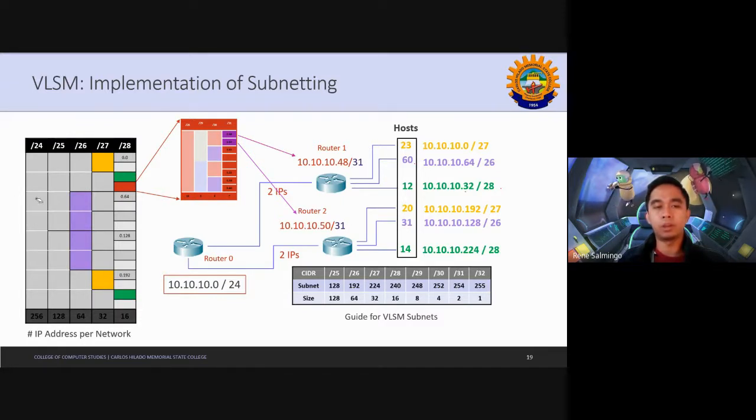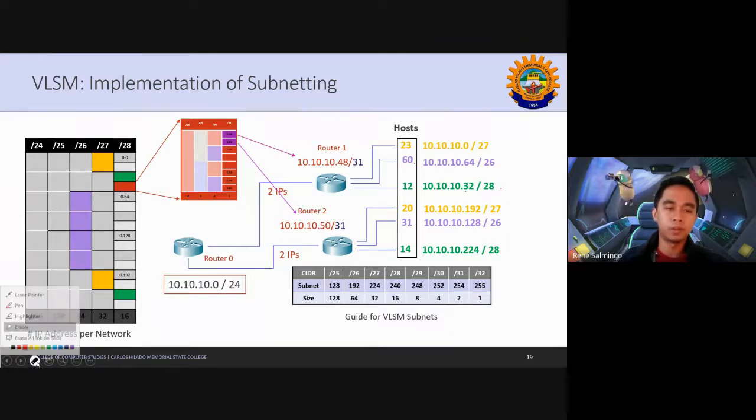Because using slash 24 will make this occupied. Once you use this part, you could not use it for small IP addresses. Why are we not using slash 24? Because on that side you have 256 connections. If you use this part, you could not use this part. You will use the whole block.